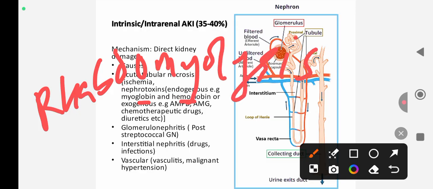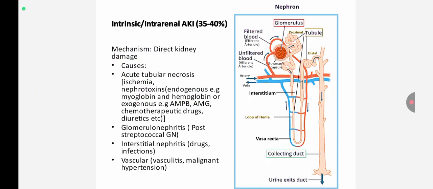Now, other exogenous nephrotoxic substances that can cause acute tubular necrosis are amphotericin B, aminoglycoside, chemotherapeutic drugs used for cancer, some diuretics, as well as some anti-epileptic agents like phenytoin.